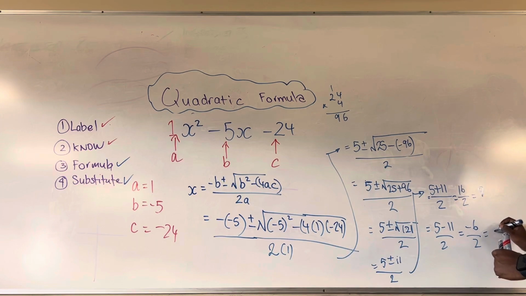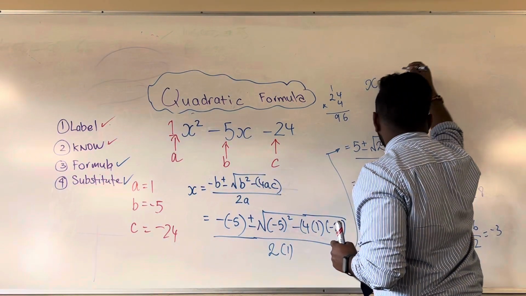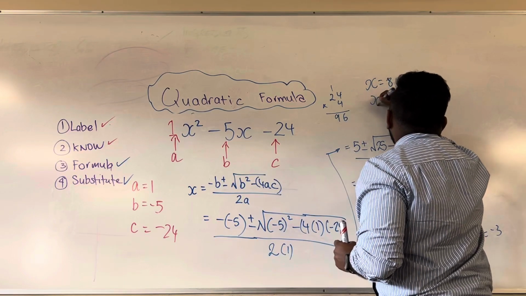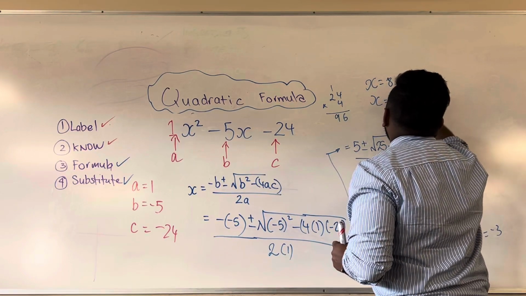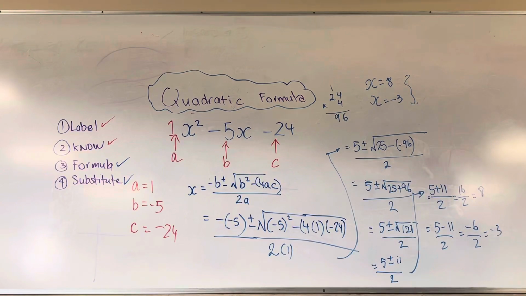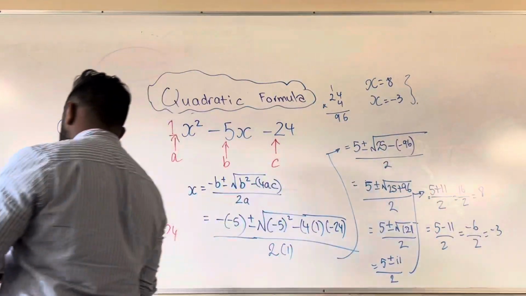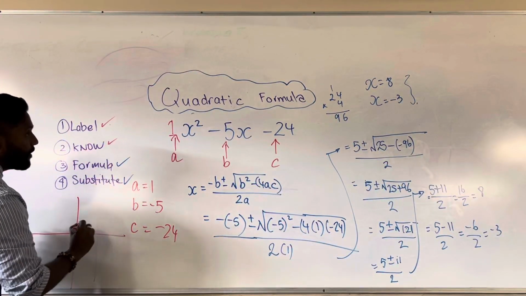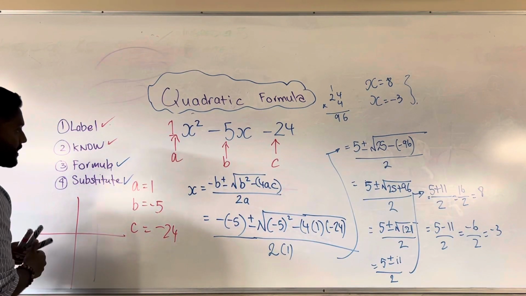X is 8 and x is -3. Those are our 2 solutions for x. So your final answer is x is equal to 8, x is equal to -3.